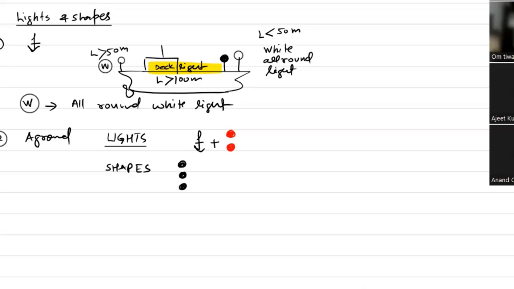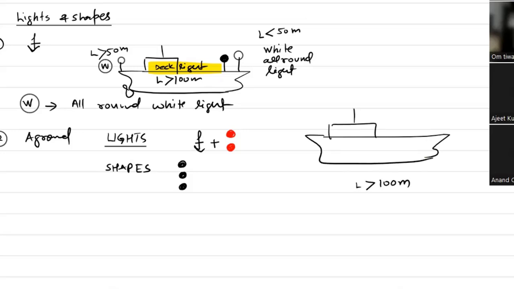So is it difficult? Suppose I'm having a ship here and you have to explain to me. Suppose this is the vessel aground, and the length is greater than 100 meter. What will be the lights? Tell me. Let's start. So the vessel is aground, sir? Yeah, vessel aground, greater than 100 meter.